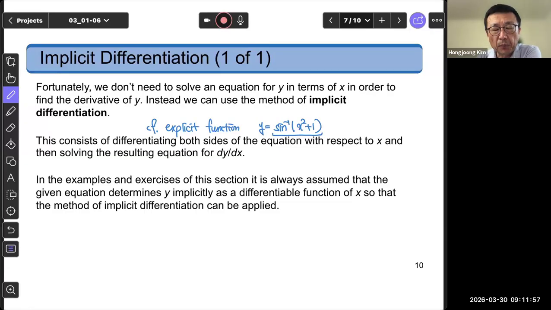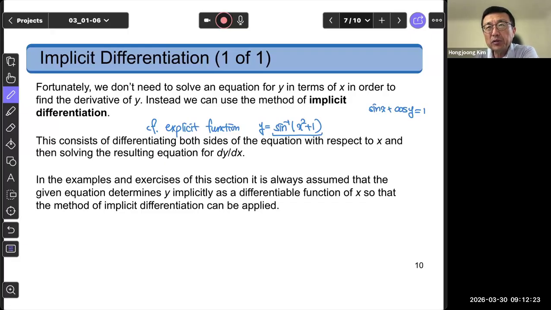And then we could apply the formula I just introduced when y is differentiated. But sometimes we are given some relation between x and y. For example, say sine x plus cosine y equals 1, something like this.